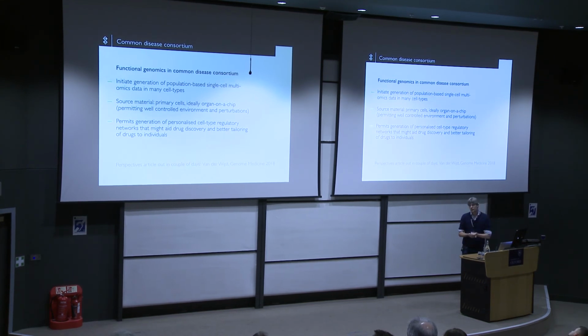And the material for that can be primary cells, it can be organs on a chip, as Siska indicated. There are clear merits to that, but it's something like this, a bold initiative that might help us get further. And I think that would ultimately permit us to generate a lot of personalized cell type regulatory networks, and that could also be of help to aid in drug discovery and better tailoring of drugs to different individuals.